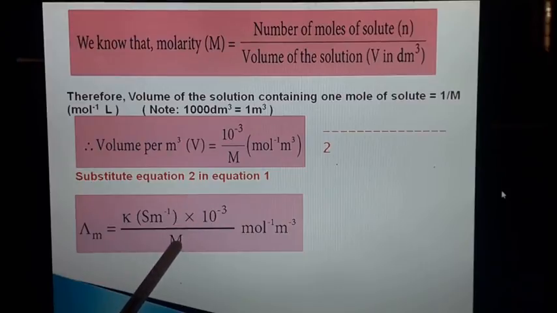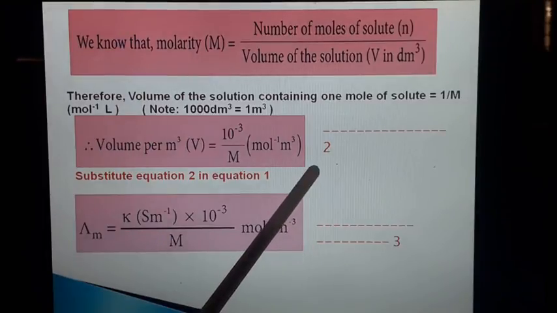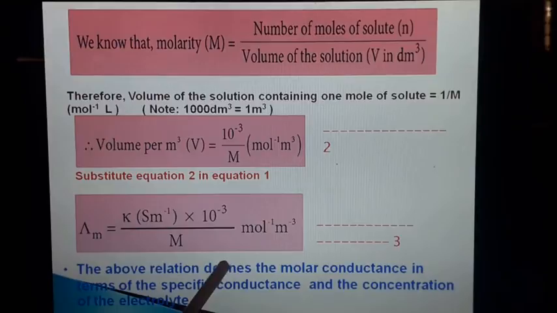This is the third equation. The above relation defines the molar conductance in terms of the specific conductance, kappa, and the concentration of the solute.